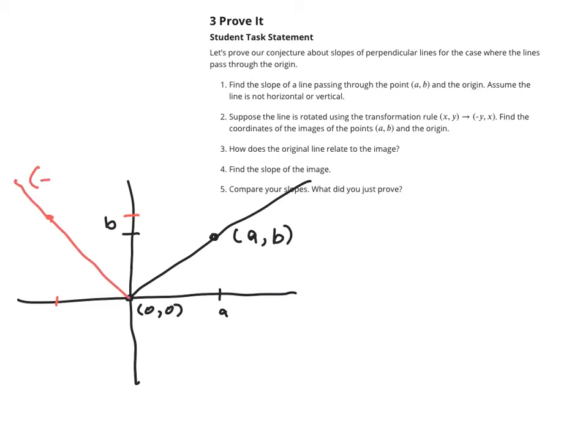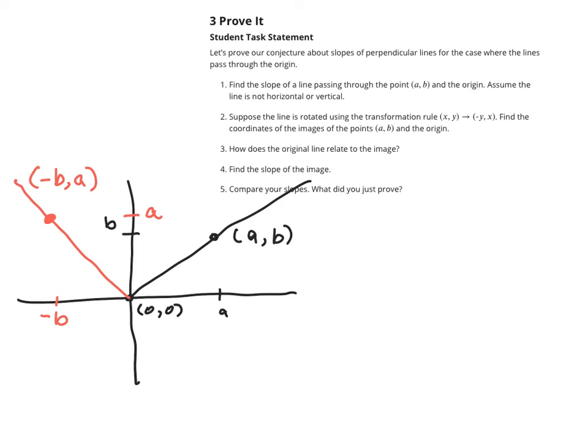So this one is (-b, a). Right? So find the coordinates of the images of the points A, B, and the origin.